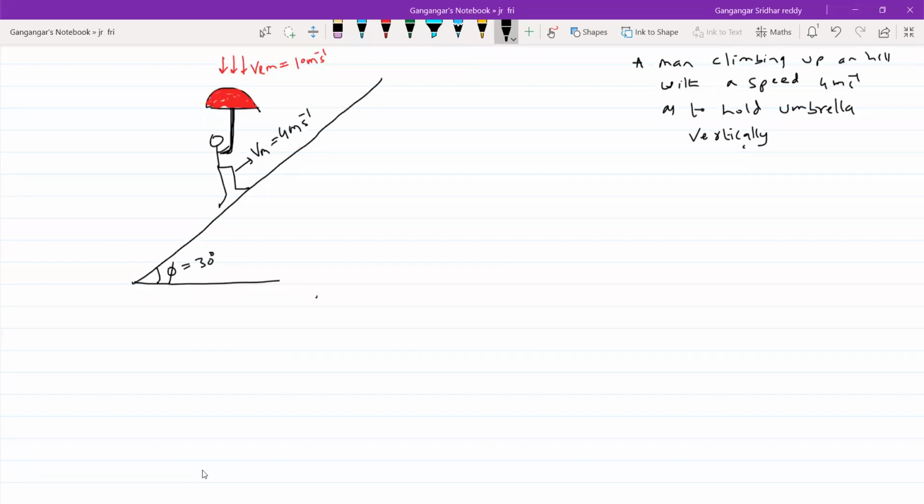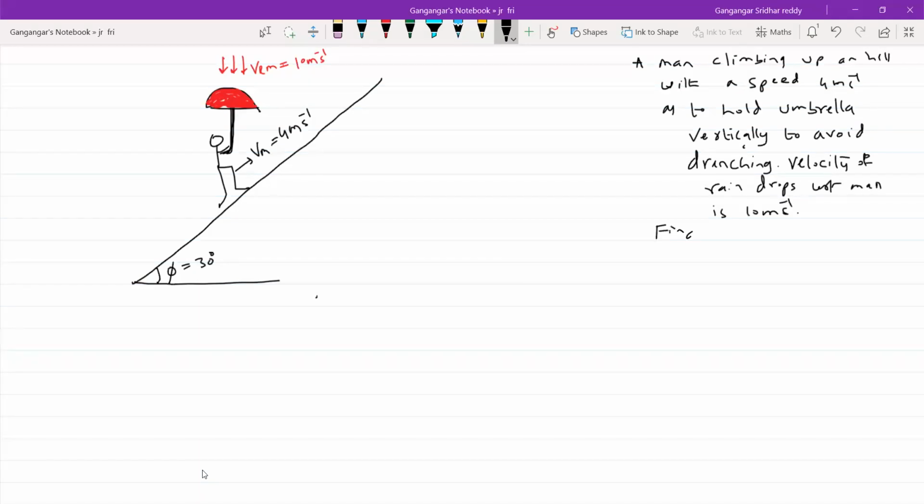A man climbing up a hill with a speed of 4 meters per second has to hold an umbrella vertically to avoid drenching. Velocity of raindrops with respect to man is 10 meters per second.